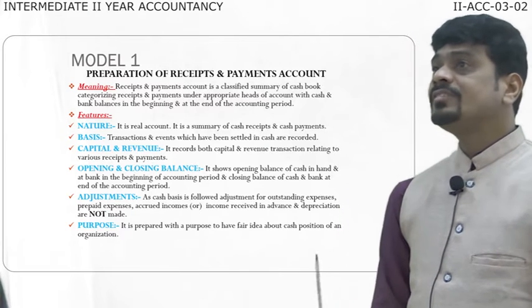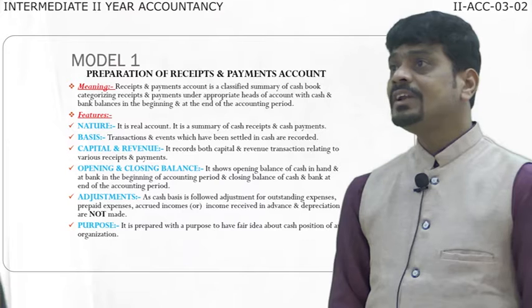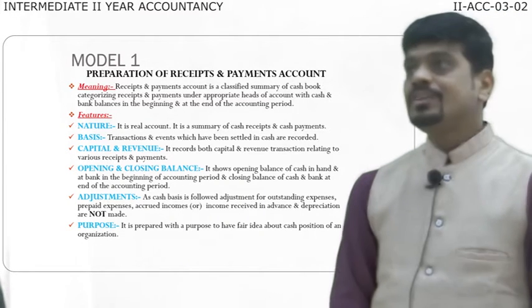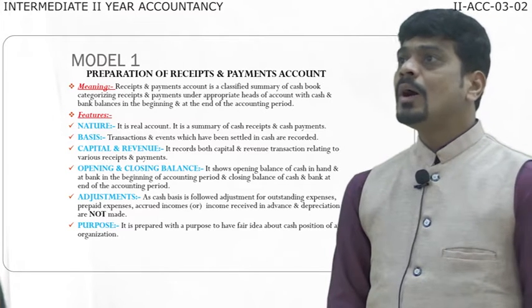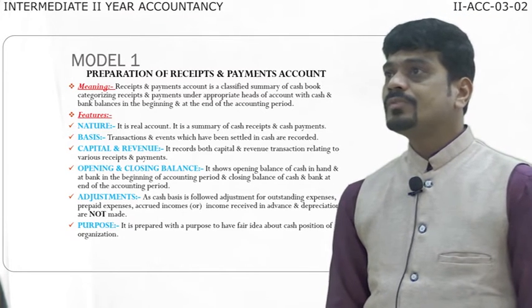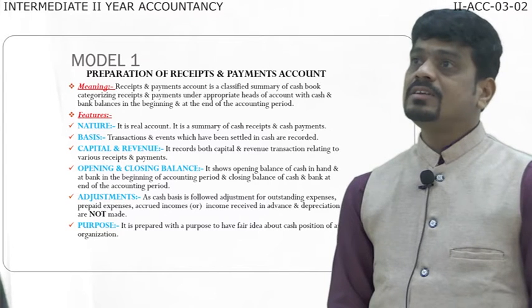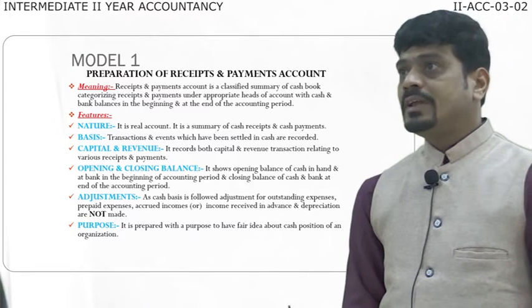Then when I was discussing the features of non-trading concern, my focus was on the maintenance of accounts. While explaining the maintenance of accounts, I told you that a non-trading concern maintains 2 accounts and 1 statement.